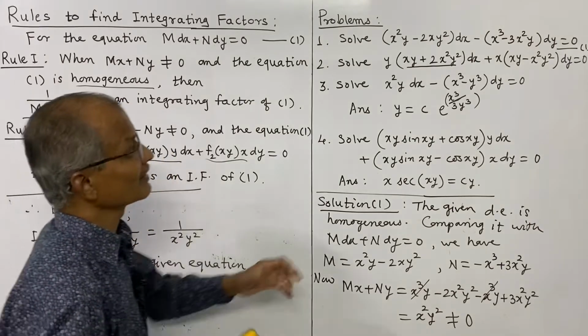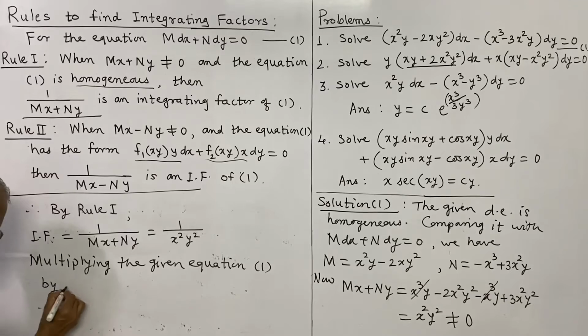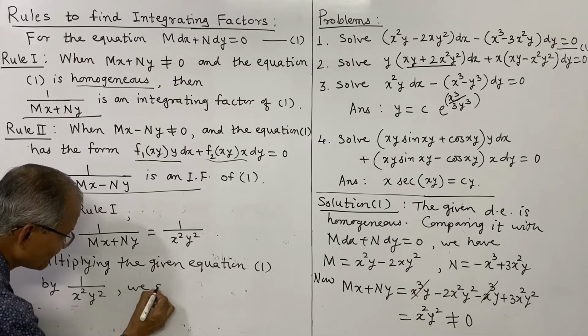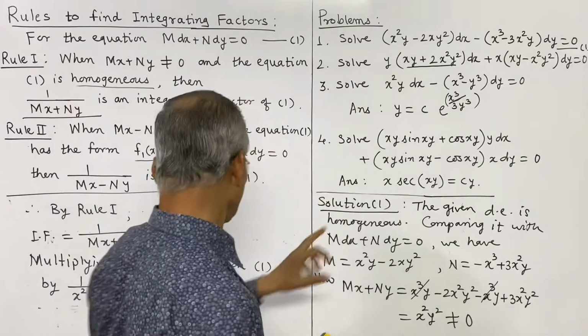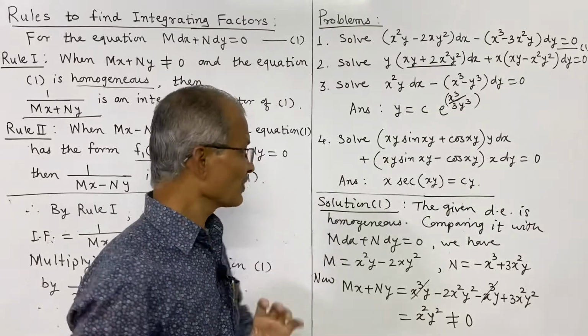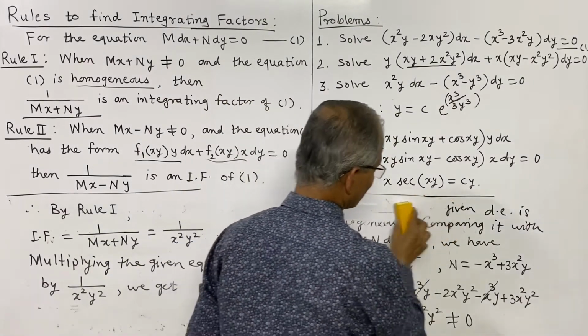Here we have referred to this as 1. Given equation 1 by 1 upon x square into y square, we get. Now see, this is some algebraic simplification we need to do. Multiply by this 1 over x square y square means we have to divide each term by x square y square, and I shall write that result here.